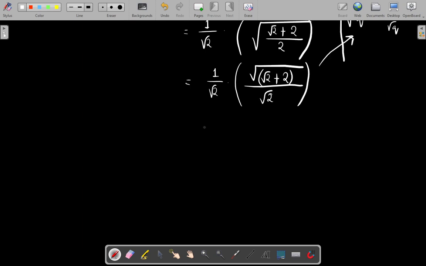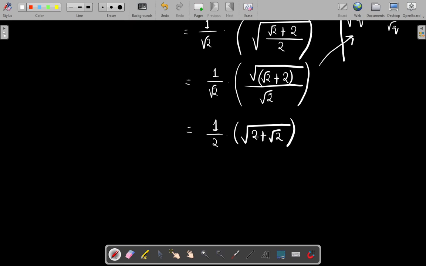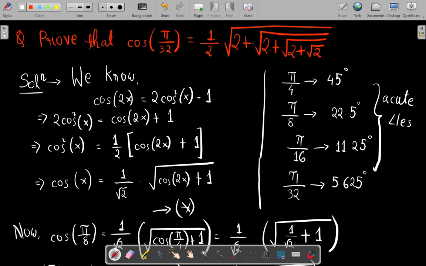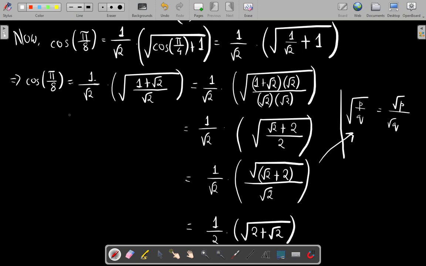If we multiply the denominators, we get half times the square root of the numerator, so if I write this 2 first, it becomes 2 plus square root of 2. So the value of cos pi by 8 has taken some resemblance to what we are required to show here. For pi upon 32, we have a nested square root 4 times. We have at least got some sort of structure. So this is cos pi upon 8.